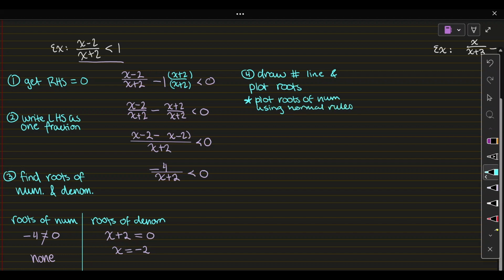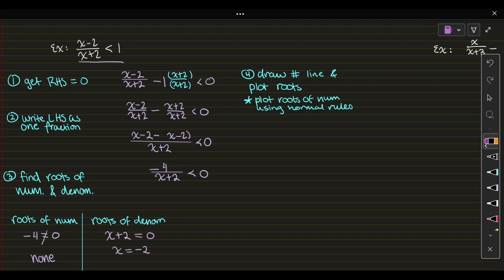When I say usual rules, I mean in this case we have a less than, so I would give my zeros open dots. If it were less than or equal to, I would give them closed dots. If you're confused on what I'm talking about, go back and check out my last video on quadratic inequalities.